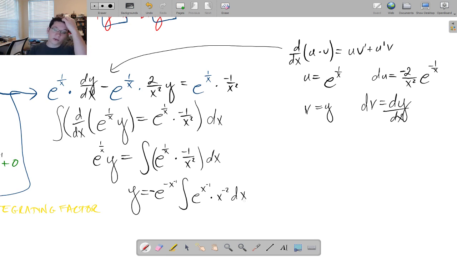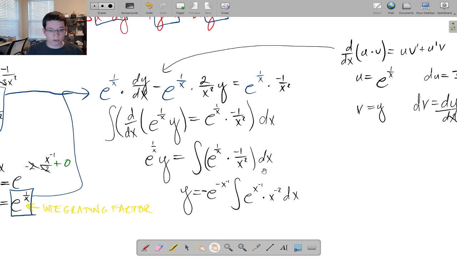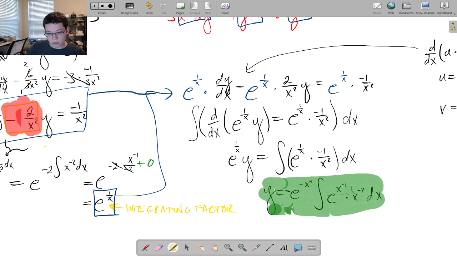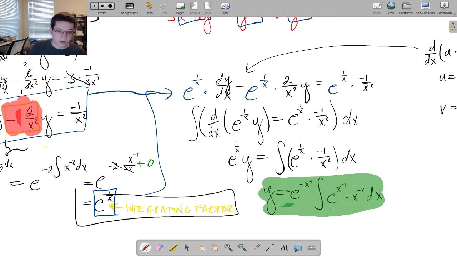And if you worked out that integral, you would end up with the correct answer. The important part here is not what goes here. That's not as important as knowing to do the integrating factor. That's the key step with this one.